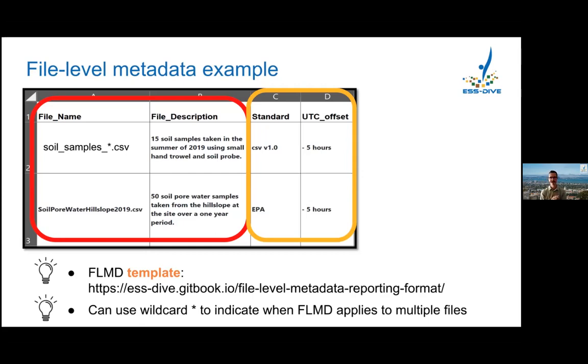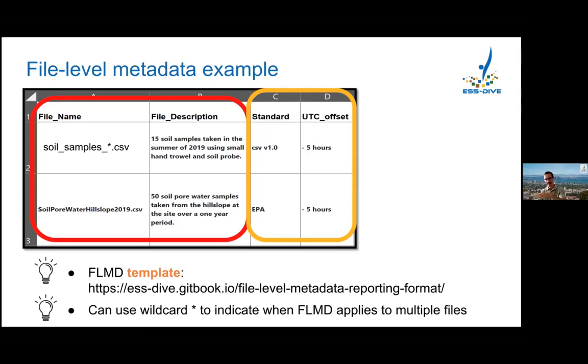I also want to highlight, with the ease of use and user friendliness in mind, say you have a soil samples file that repeats over and over in your larger data package, we encourage the use of wildcard symbols, that asterisk symbol.